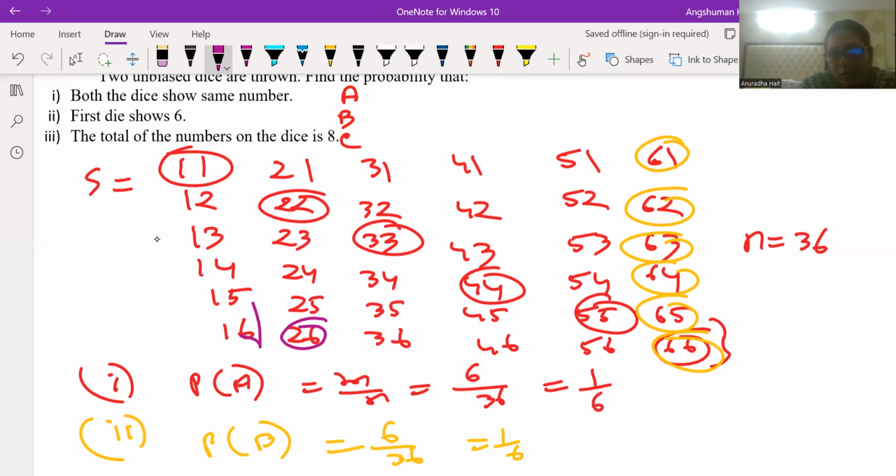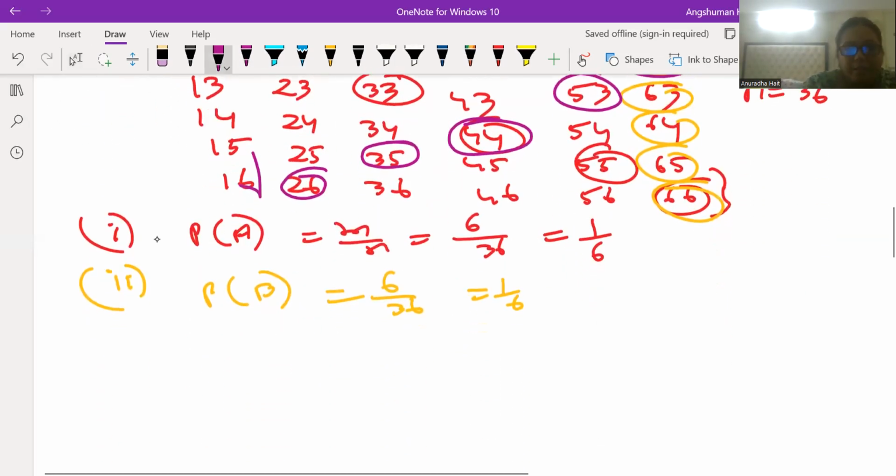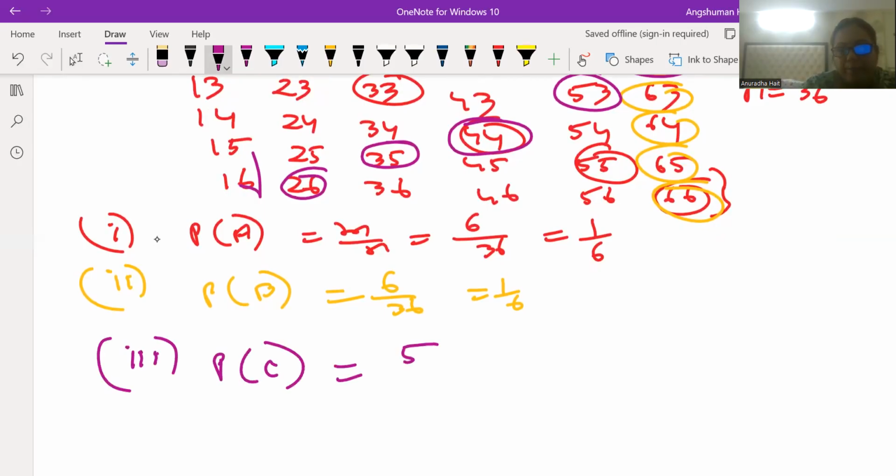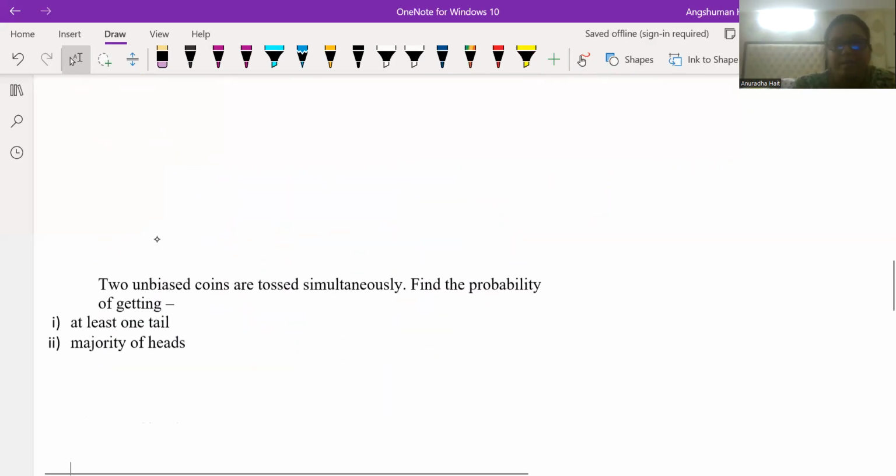Then you go to the next column: 3 plus 5 equal to 8, 4 plus 4 equal to 8, 5 plus 3, and 6 plus 2. How many are there? 1, 2, 3, 4, 5. 5 points are satisfying the condition. So what will be the probability? The probability of the third case will be 5 by 36. You can keep the answer as 5 by 36 or you can simplify to a decimal.